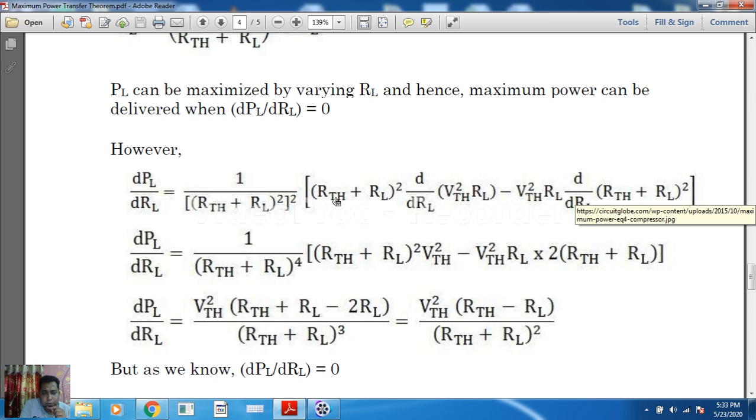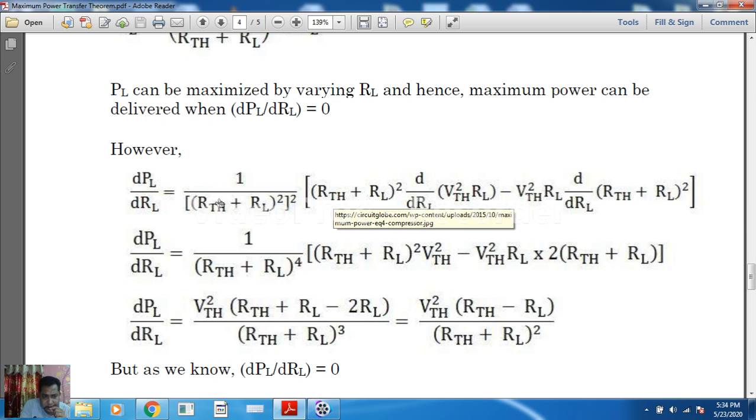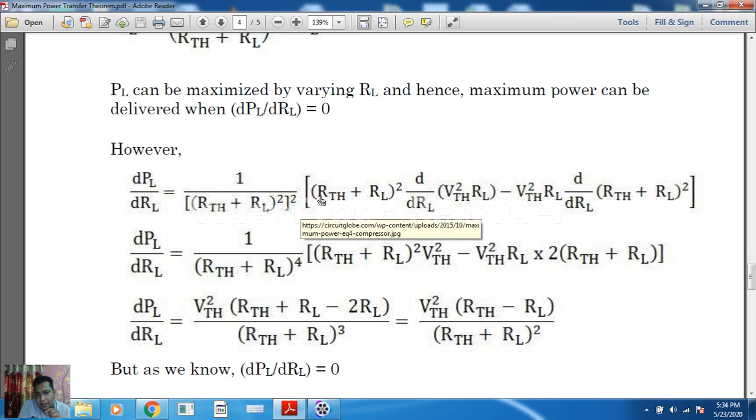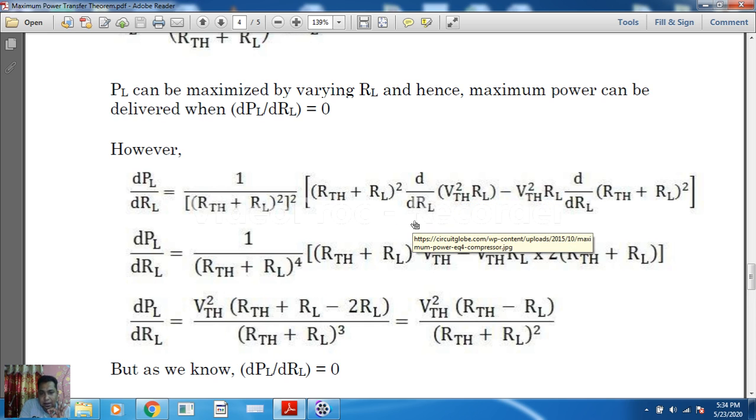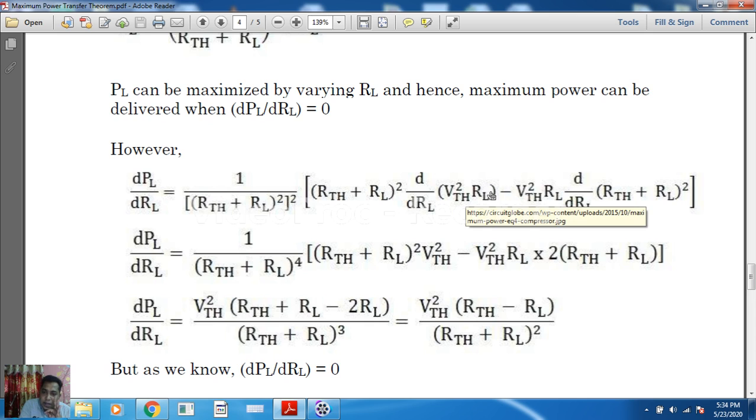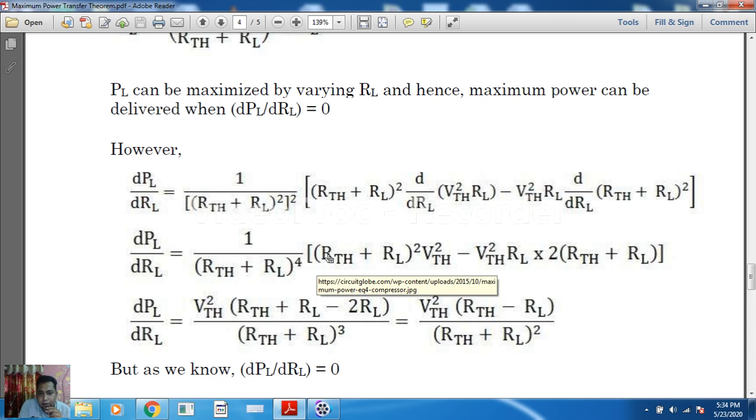So here B means the denominator, RTH plus RL whole square, which remains the same, and then d/dRL of VTH square into RL, minus VTH square into RL into d/dRL of RTH plus RL the whole square. Correct? Now in the next line the denominator is to the power 4.